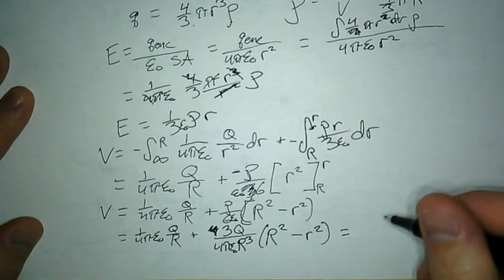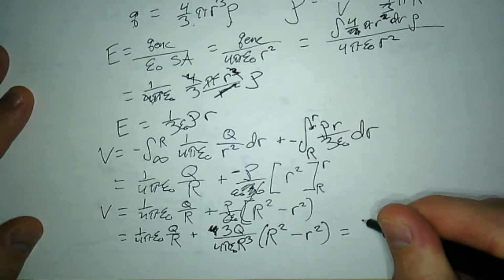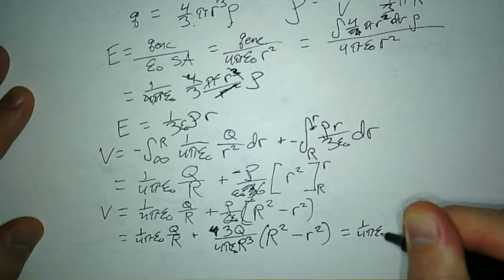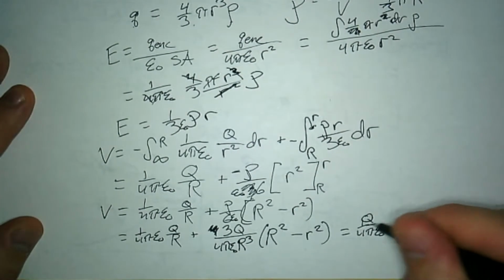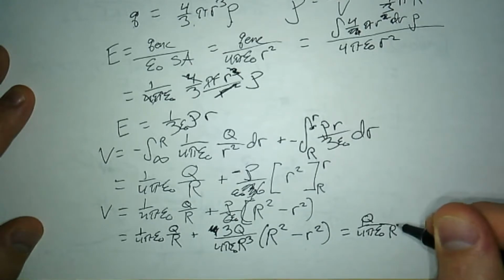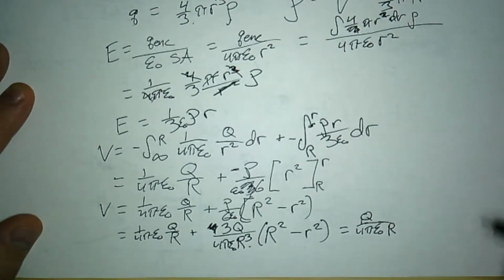Okay. So now I'm going to have 1 over 4 pi epsilon naught, and let's factor out a q also. And let's even factor out that extra r on the bottom here.